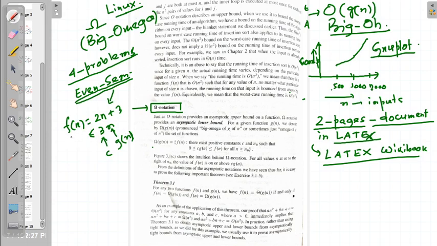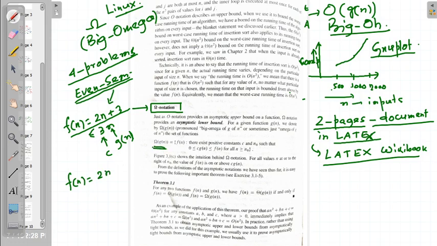So f(n) equals 2n plus 3, that we saw in the last class. Now first I take the example and then we can go to the definition.